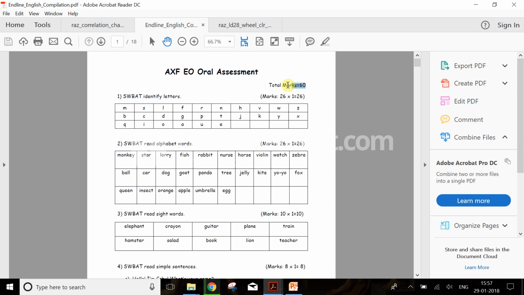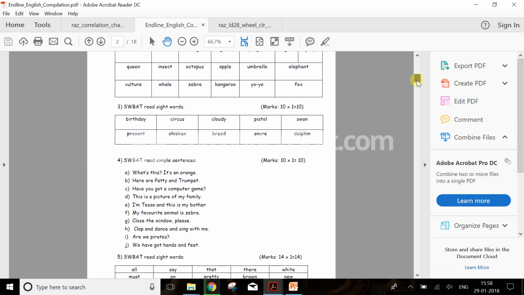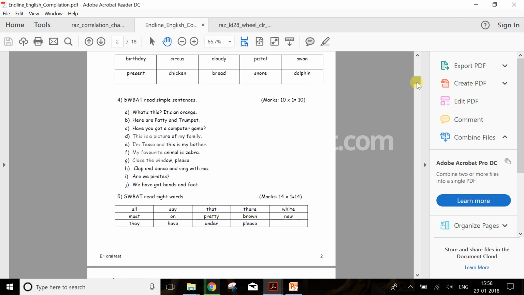The total marks of the paper is 60. If the child has got 50 marks, we know how to calculate the percentage of the child. So if the child has got more than 90% in E0, we can give E1 assessment paper. If the child has got more than 90% in E0, then we are going to a different world called level readers.